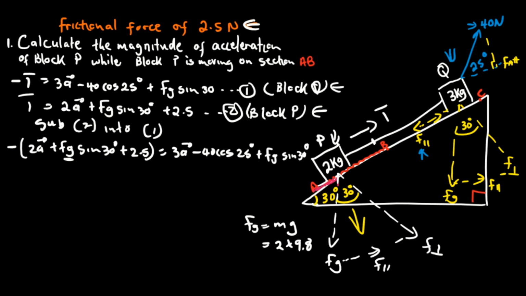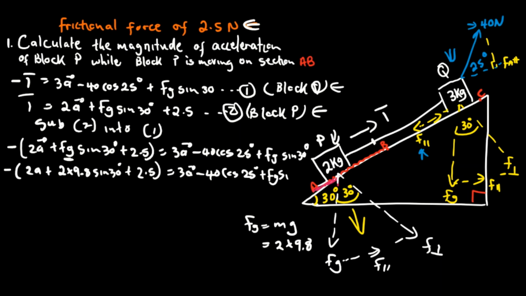So that's what we're going to do: minus into 2a plus 2 times 9.8 sine of 30 degrees plus 2.5, plus 2.5 equals 3a minus 40 cos 25 degrees plus F_g sine of 30 degrees.